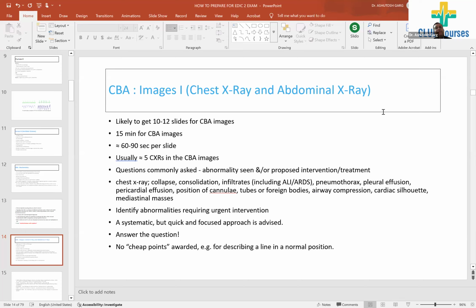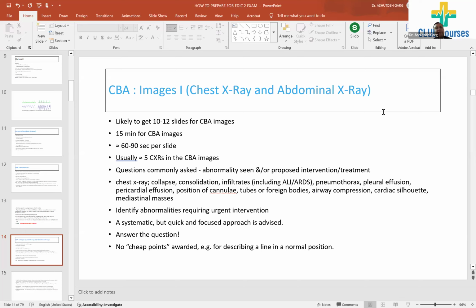Like in a chest x-ray, you can find collapse, consolidation, infiltrates, pneumothorax, pleural effusion, pericardial effusion, some cannula position or some tube position, airway compression, cardiac silhouette, mediastinal masses. So anything you can get in the exam.